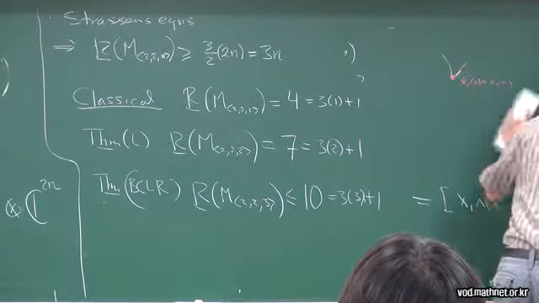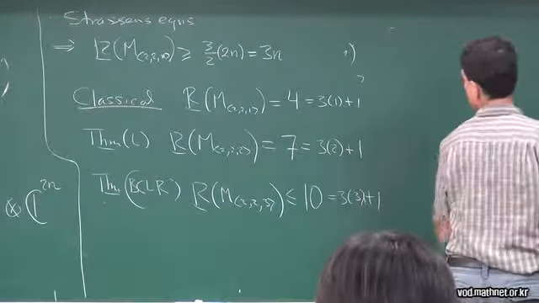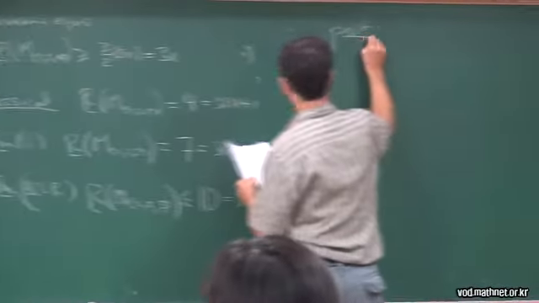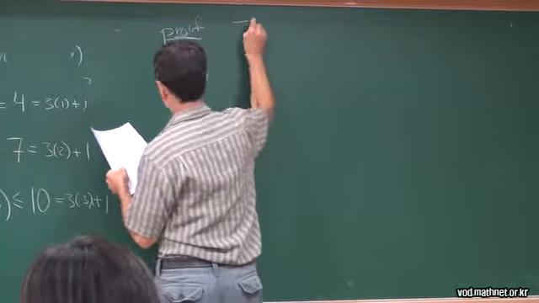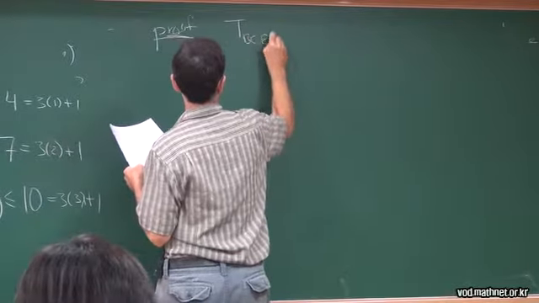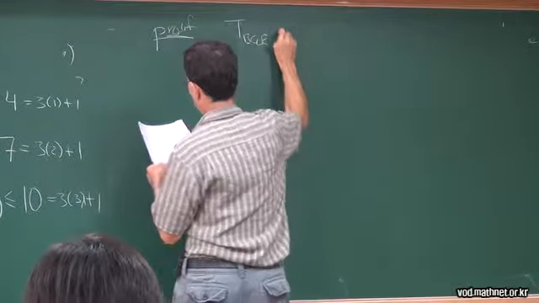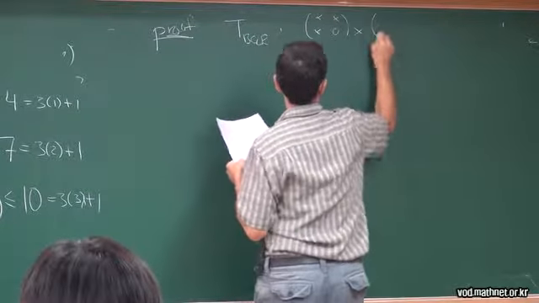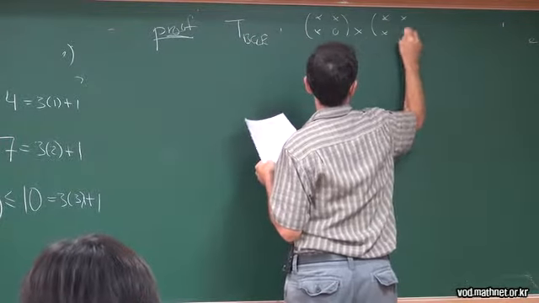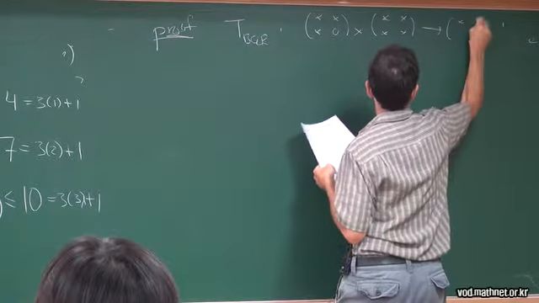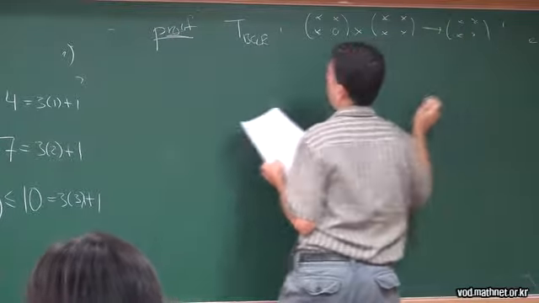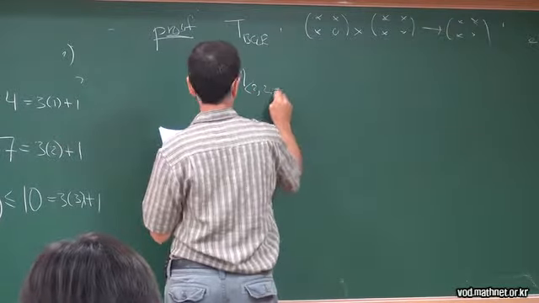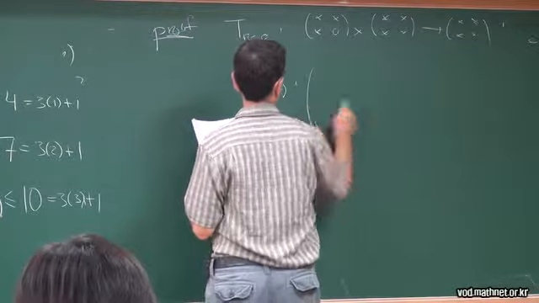And let me give you their proof. So the proof, recall that this TBCLR is a map like this, and M2 to 3 is a map like this.